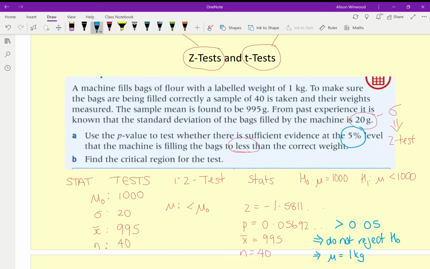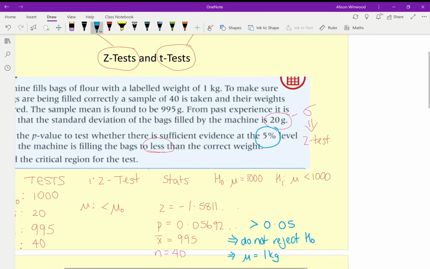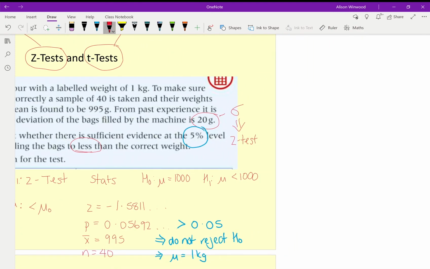To find the critical region is very similar. Again, the calculator can do it for us. It's under stats and tests, and it's number 7, Z interval.